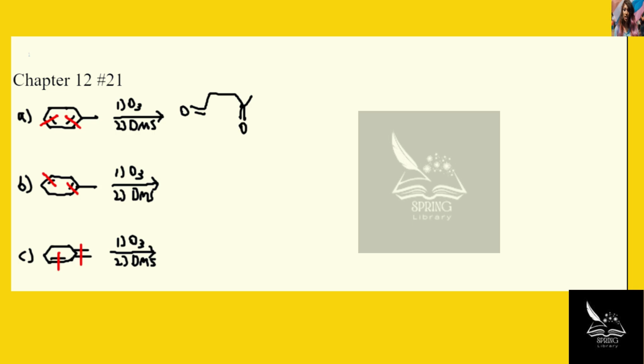And the other piece is going to be like this. The other piece is 2 carbons long. Each of those pieces is now an aldehyde, like this. And there we go. So that's the answer to part A.